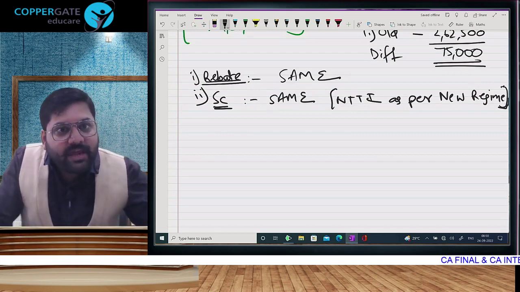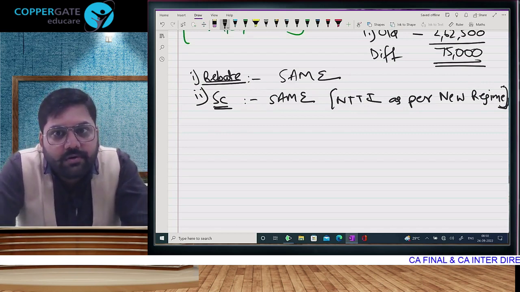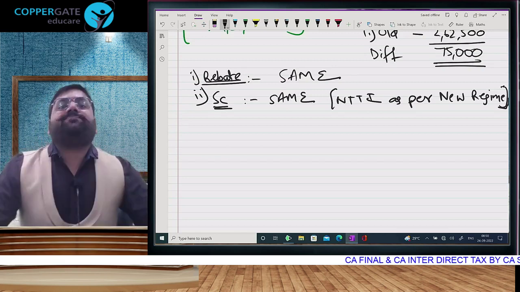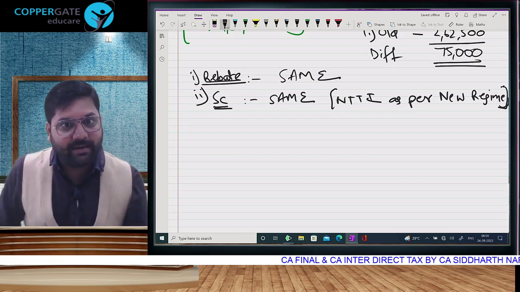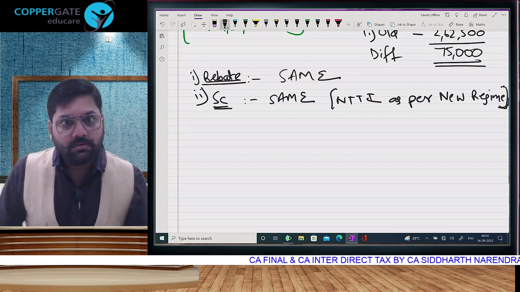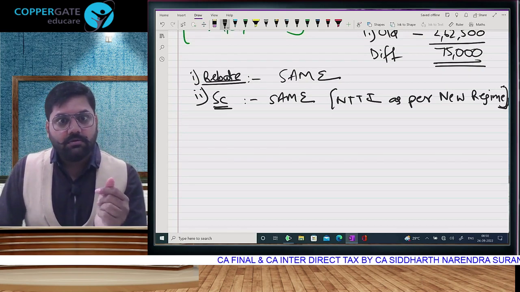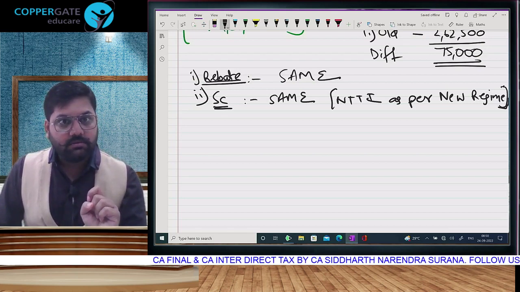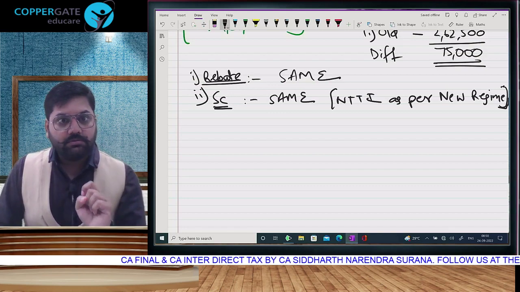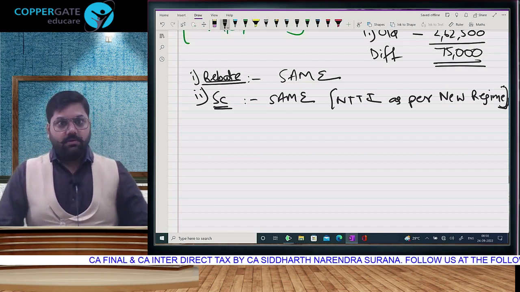Income has to be more than 50 lakh, more than 1 crore, mitro. The income that you will check has to be as per new regime. Do we know that income as per new regime will be higher than income as per old regime? Because we are going to deny some deductions and exemptions. Mitro, that you have to check.